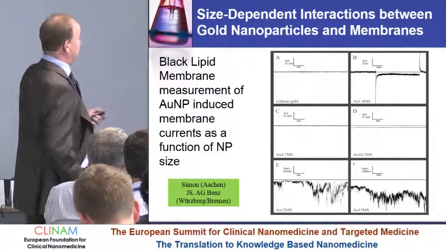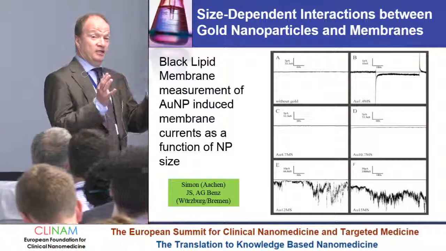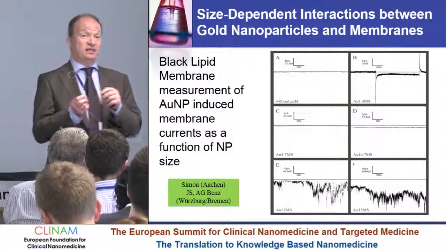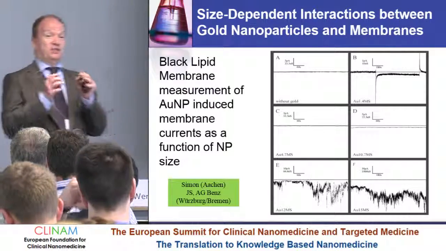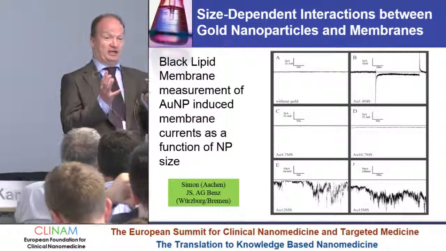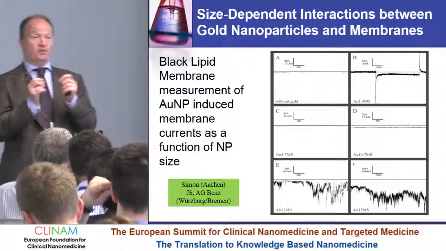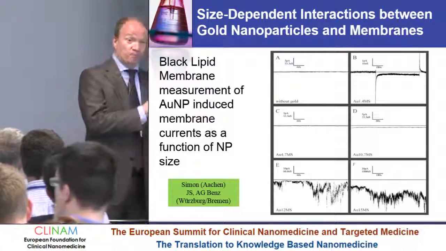And so it turns out that when we vary the size of the nanoparticles, right, there seems to be a critical size below which nothing happens, right? And that size has something to do with the size of the membrane, right? So therefore, if the nanoparticle has a sufficient size to span the lipid membrane, then it embeds, right? And again, it embeds by the same mechanism that is relevant for the Herc channel that I've talked about before.